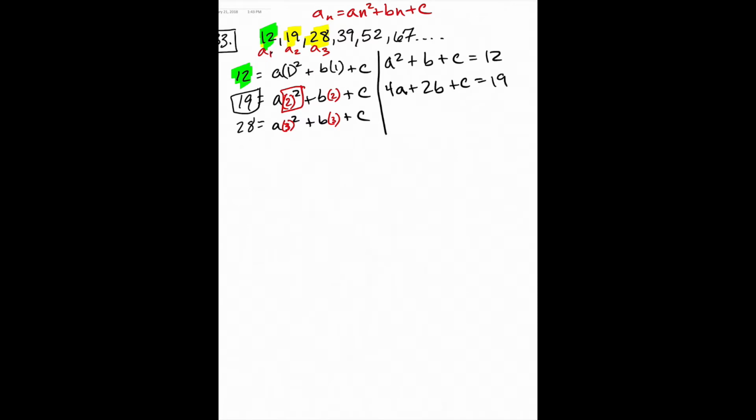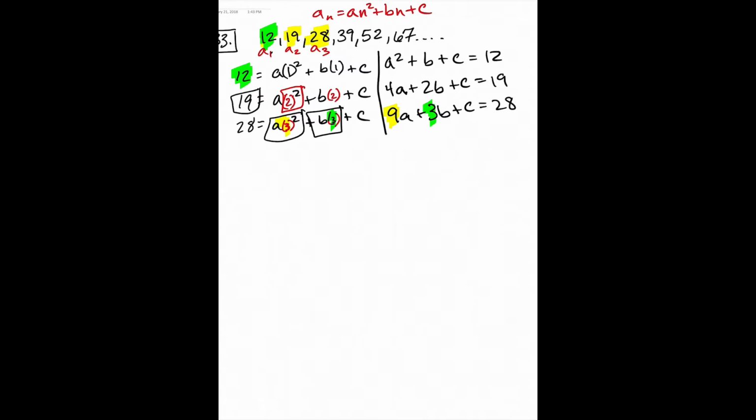For my third equation, 3 squared is 9, so that's 9a plus 3b, and then plus c equals 28. Hopefully you can see how each of these terms corresponds with what I have in the other equation. So that's 3b. If that's clear, then we're going to go ahead and move on.